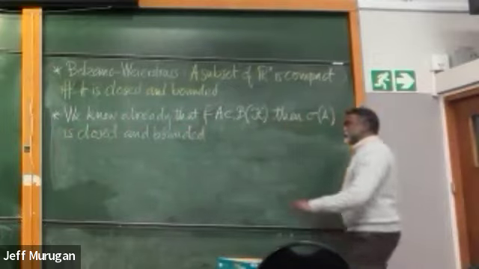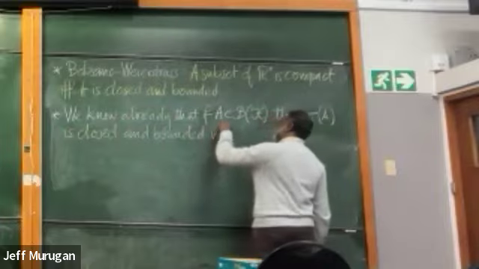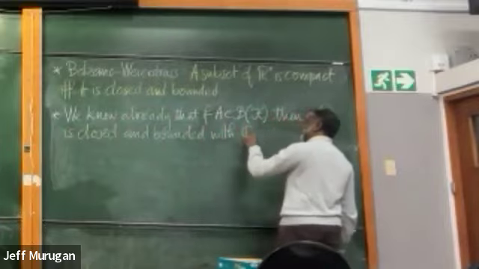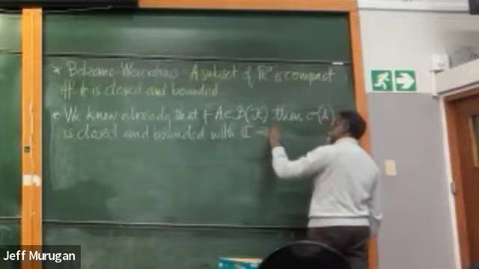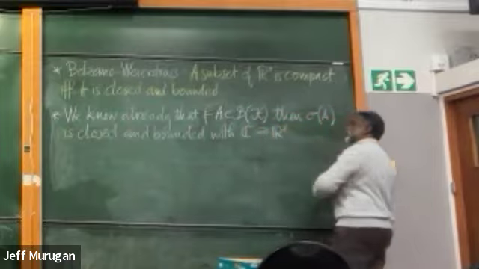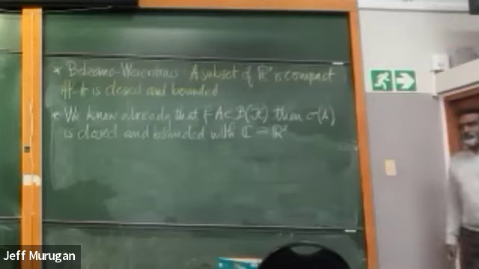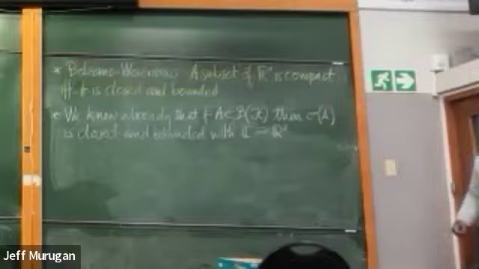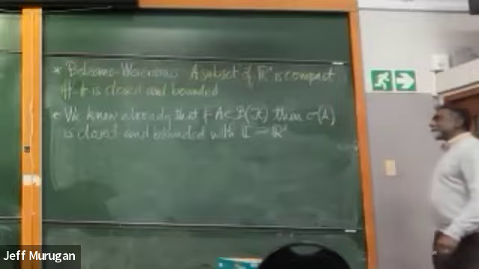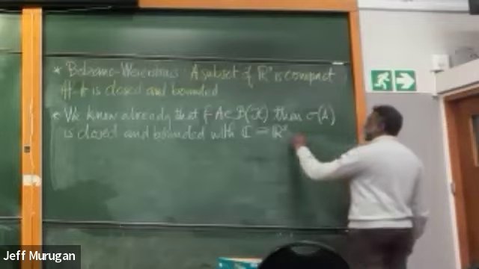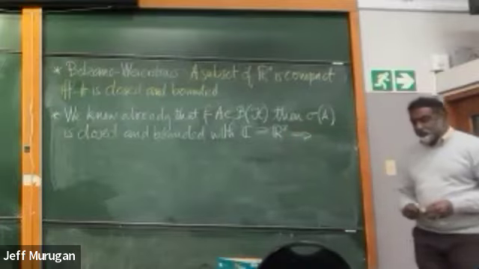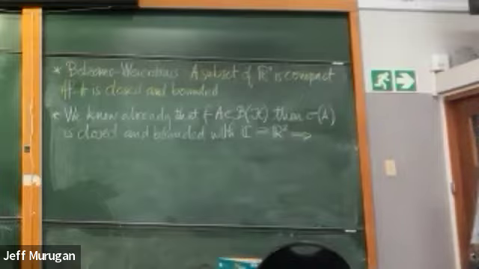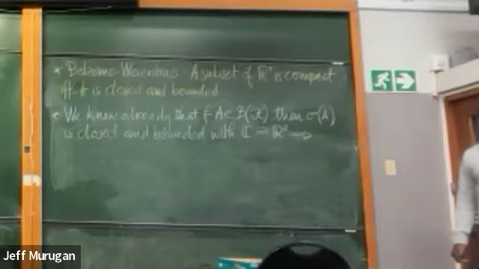Under the identification of the set of complex numbers with the real two-plane, I can write every complex number as x plus iy. So this necessarily implies that the spectrum of any bounded linear operator on a Hilbert space is a compact subset of C.